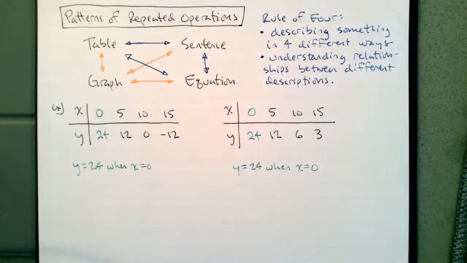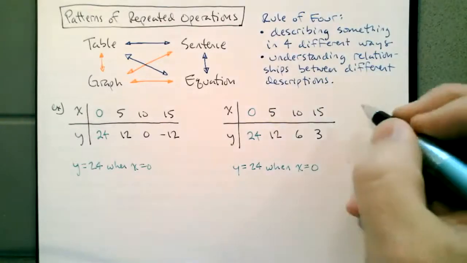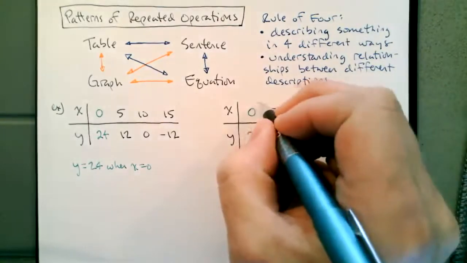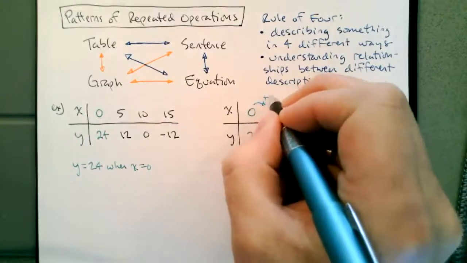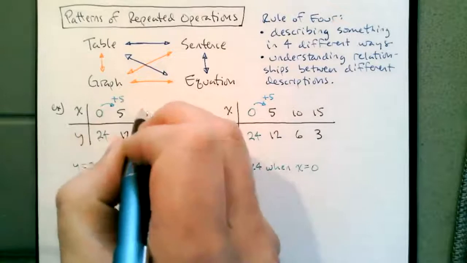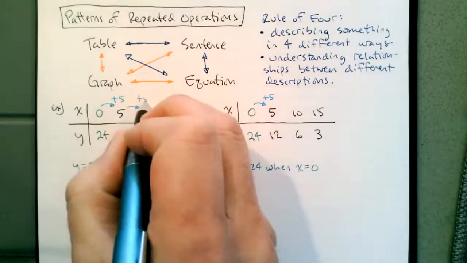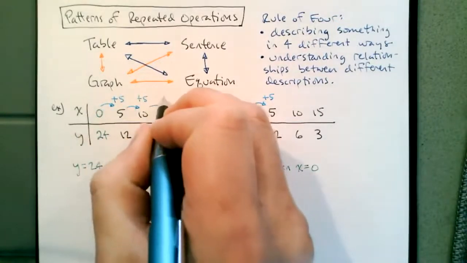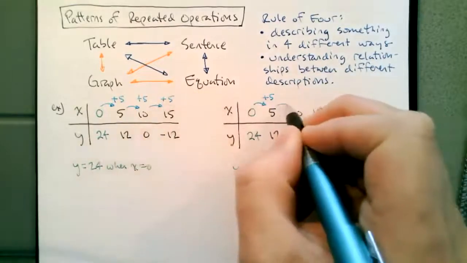We'll also notice that the step size in both is 5 units. In both of these functions in this example, the step size for both is 5 units. So something is happening every 5 units.